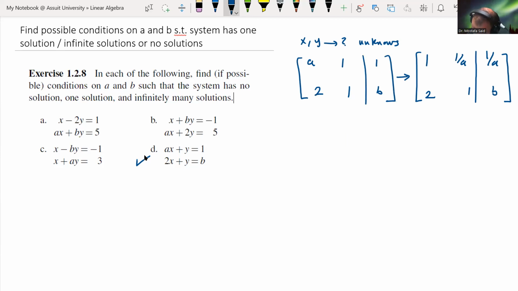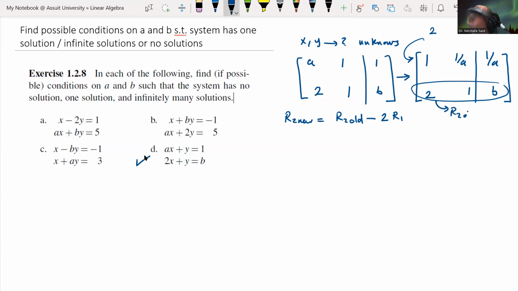Then I'm going to multiply the first row by 2 and subtract this new row from the second row. So the new row R2 equals R2 old minus 2 R1. This is R2 old, and this is basically R1, row 1.